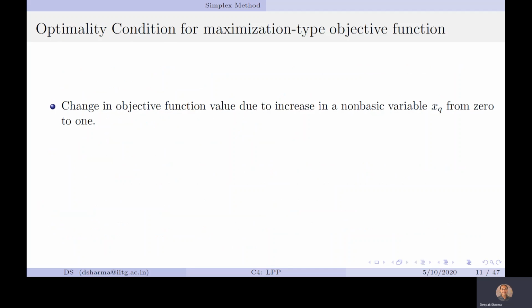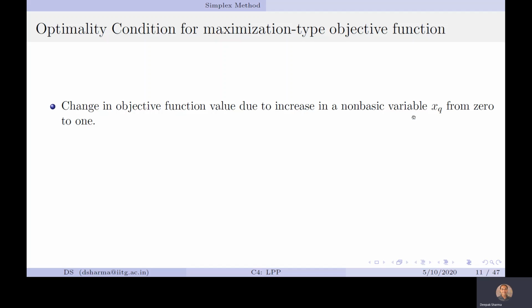And then we have a feasibility condition. The point is, how do we know that this optimality condition works? Basically, if we are going to change this non-basic variable from 0 to 1, as you know, a non-basic variable should always be 0.